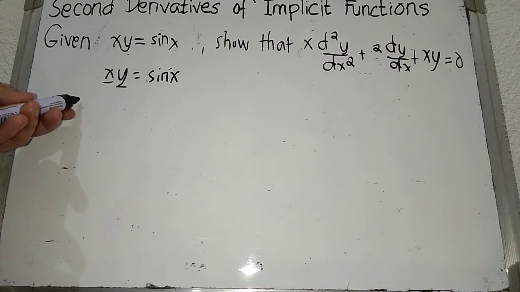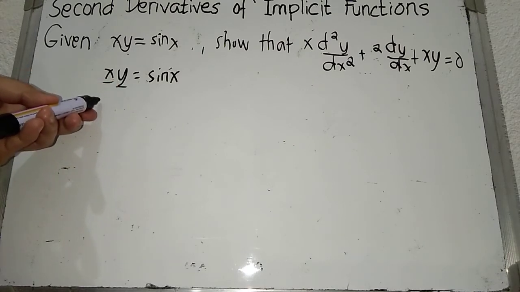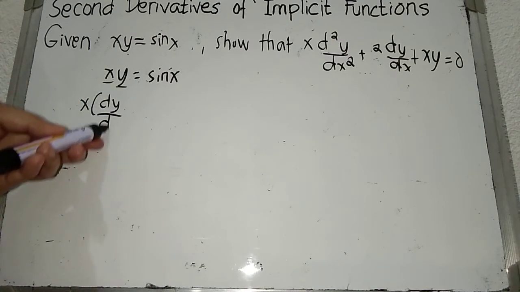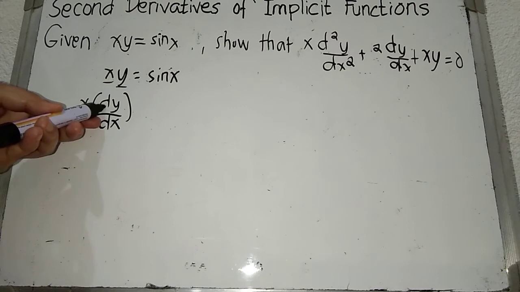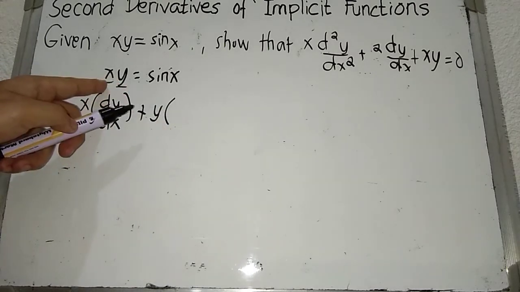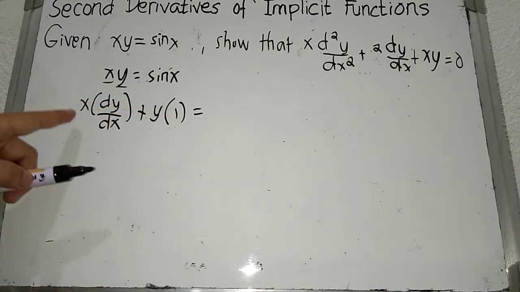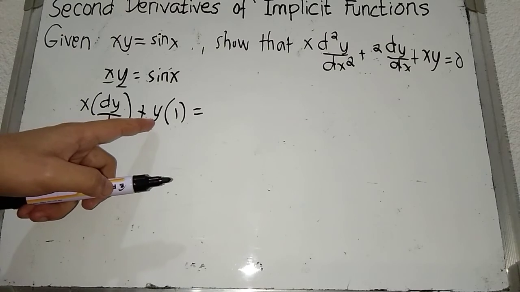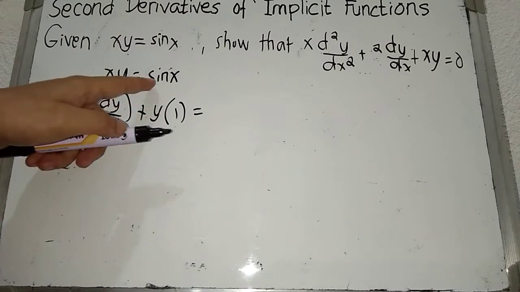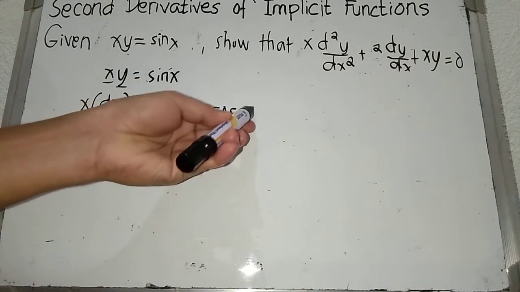So this is now x, copying y, the derivative of y is dy over dx, plus, copying the y, times the derivative of x, which is 1. So we are using the product rule, u v prime plus v u prime. And getting the derivative of sine x, which is cosine x.